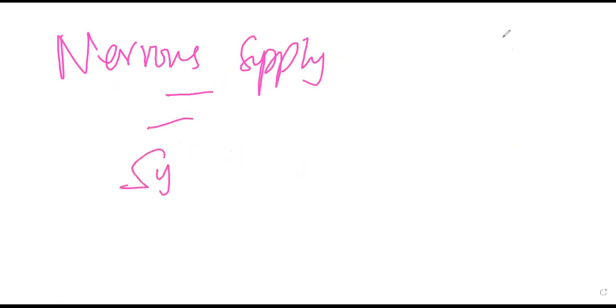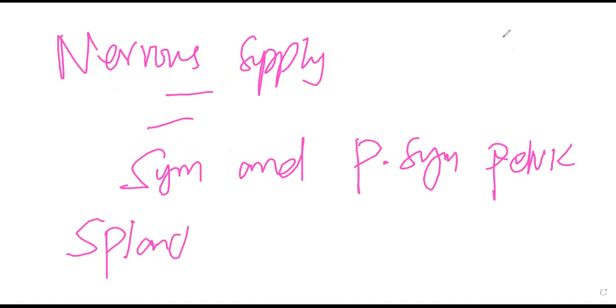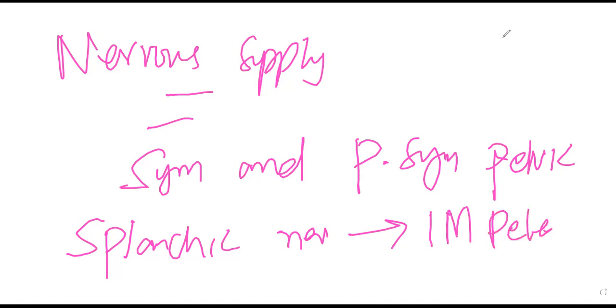So the sympathetic and parasympathetic pelvic splanchnic nerves through the inferior mesenteric plexus. Okay, this was about the descending colon.